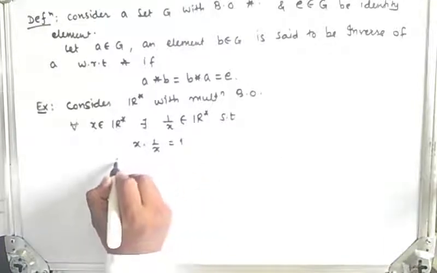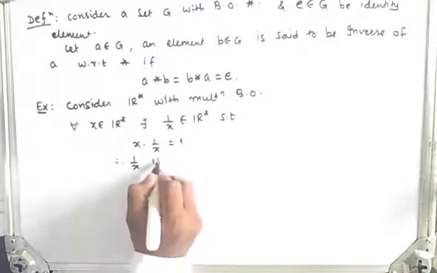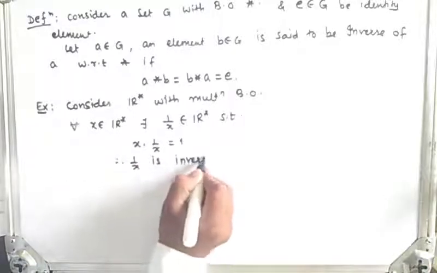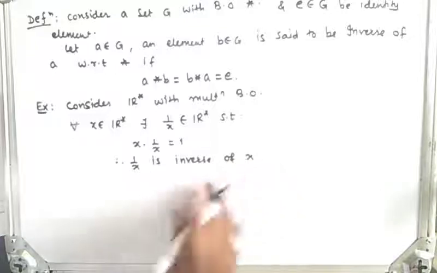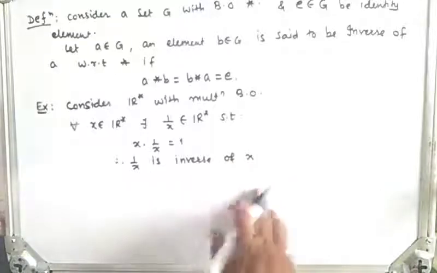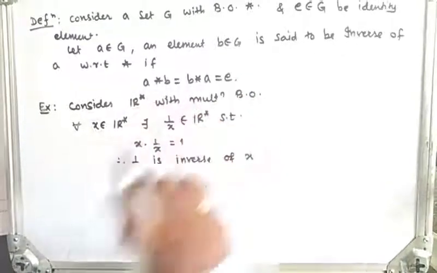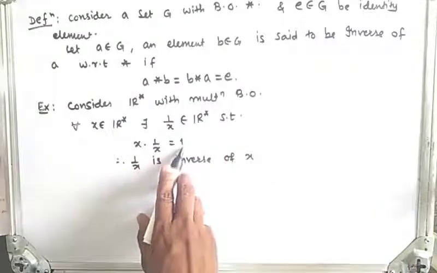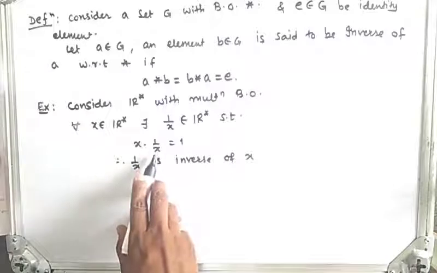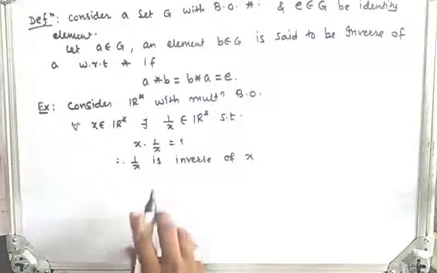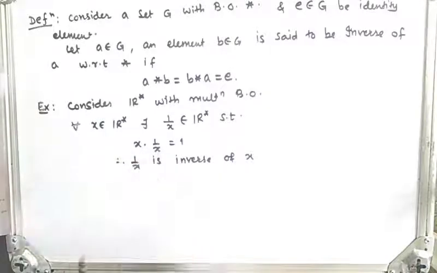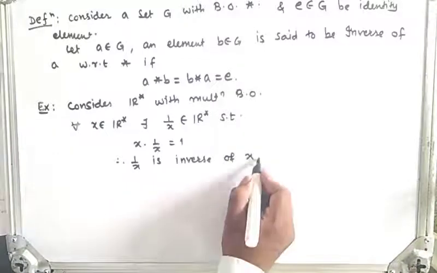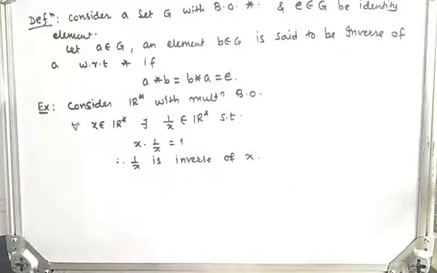Therefore we see that 1 upon x is the inverse element of x, because in an inverse element, the property is a star b is always the identity. So x into 1 upon x, which is equal to 1, is the multiplicative identity. So the inverse of 1 upon x is x, or the inverse of x is 1 upon x, right? So this is the existence of inverse. In the next lecture we will see examples on existence.